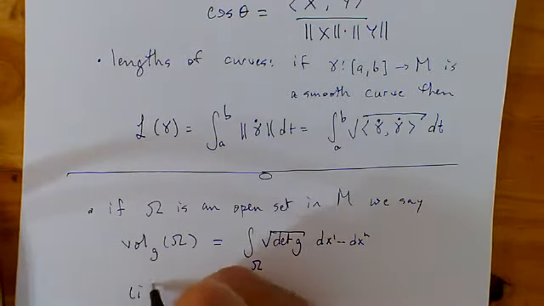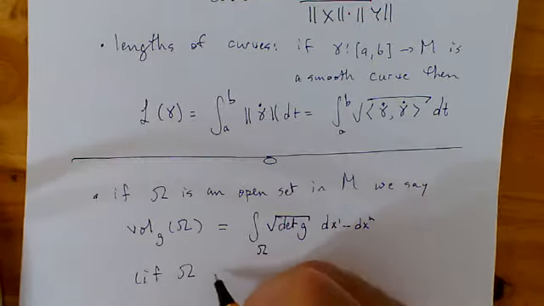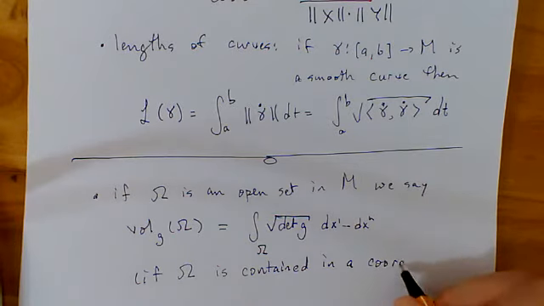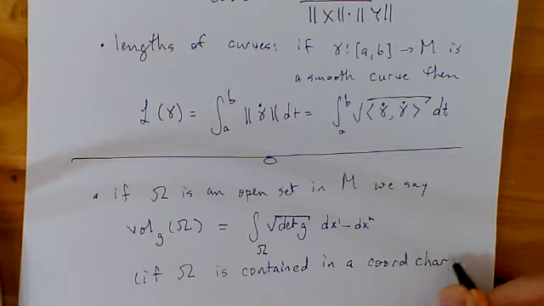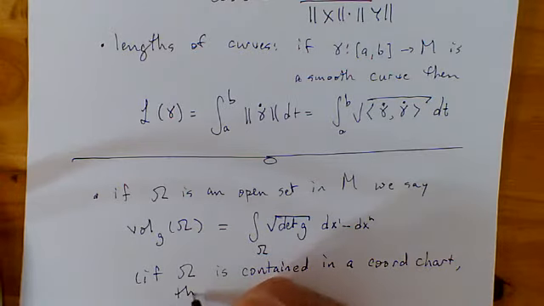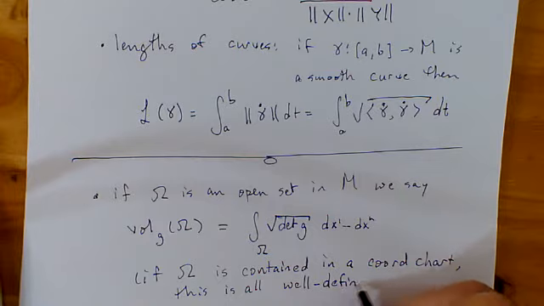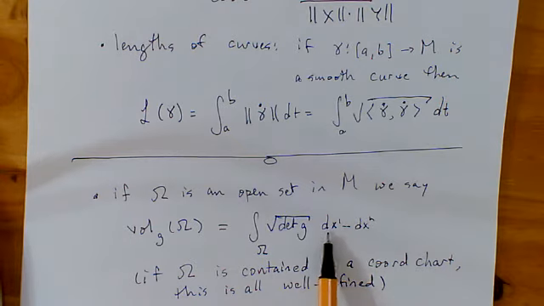Now, if omega is contained in a coordinate chart, this is all well defined. There's nothing really to say.